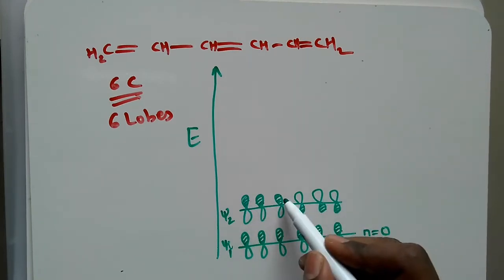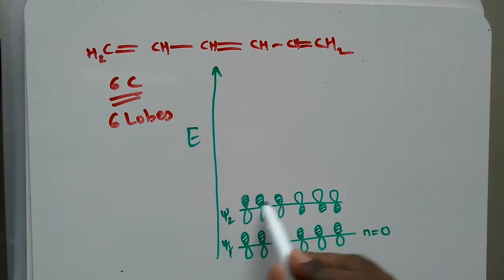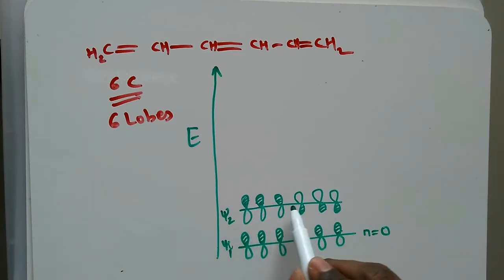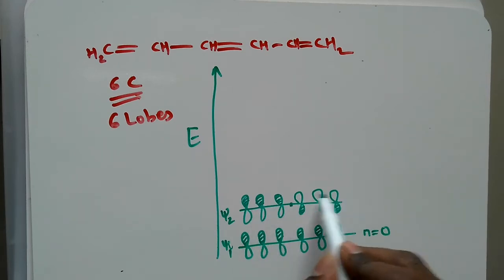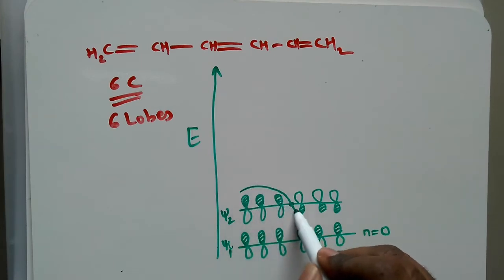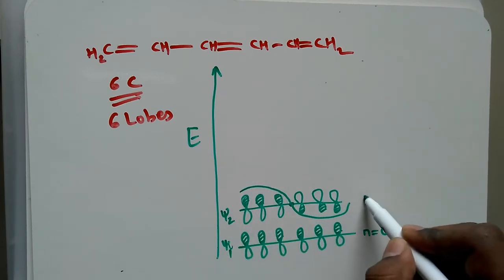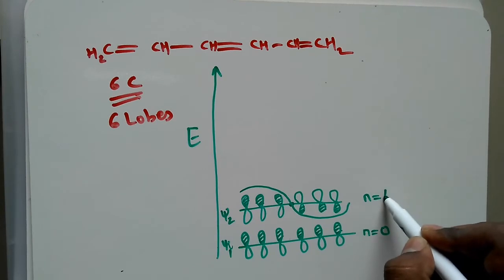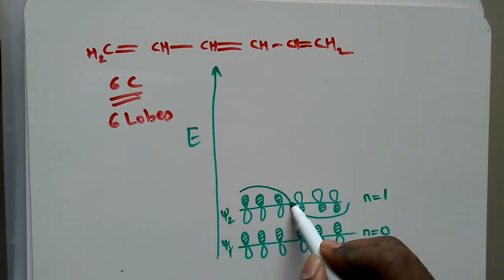After 3, we have a break here, so the phases are different. That means we will have a node here. So the node over here is 1. This point is the node.